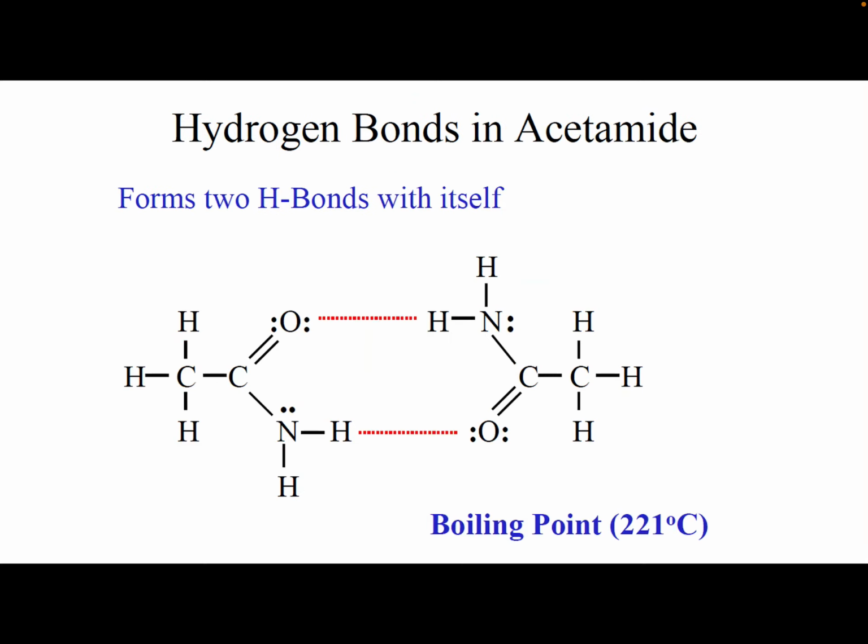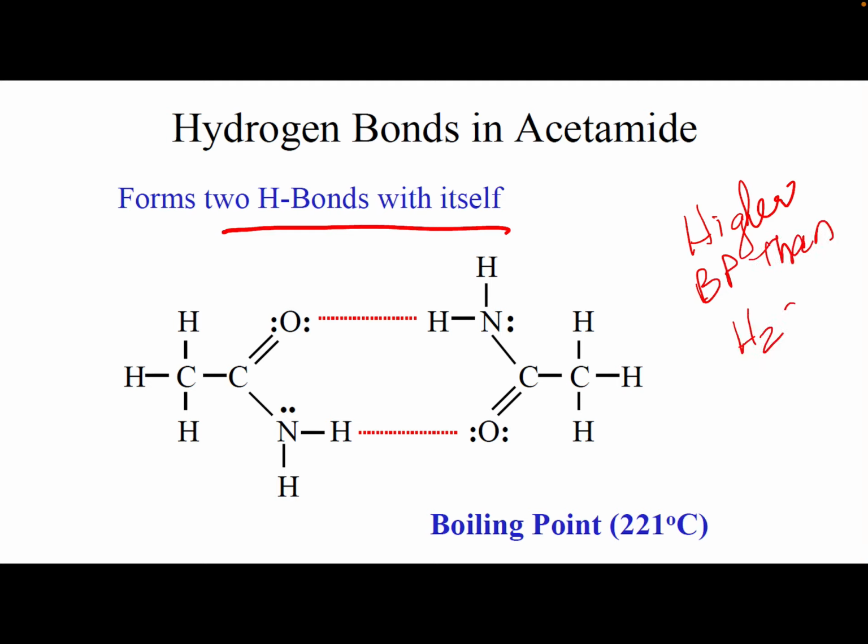Looking at acetic acid, it actually forms 2 hydrogen bonds with itself. Because this structure can form 2 hydrogen bonds, it's going to have a higher boiling point than water. So notice the boiling point's 221.